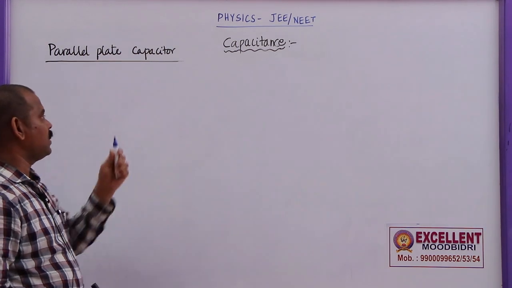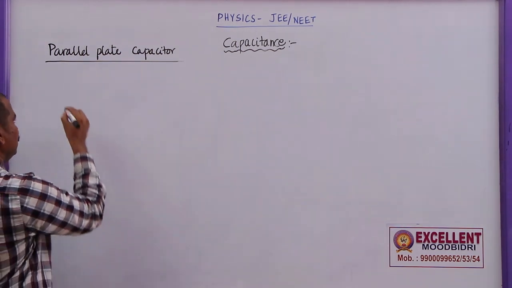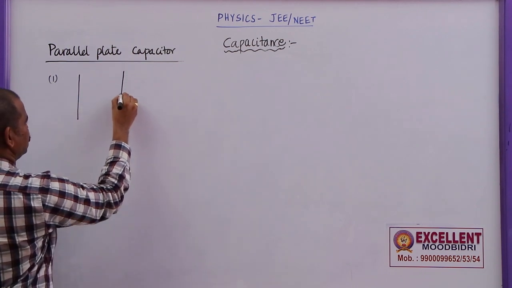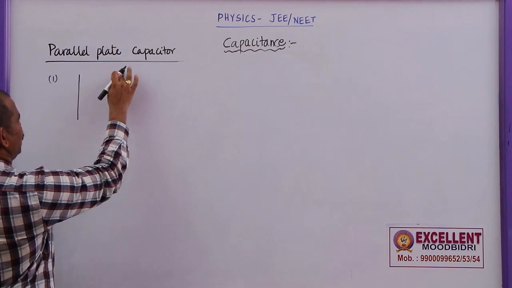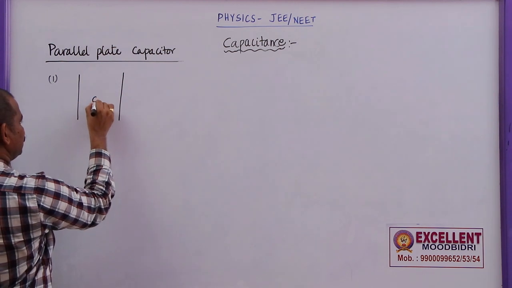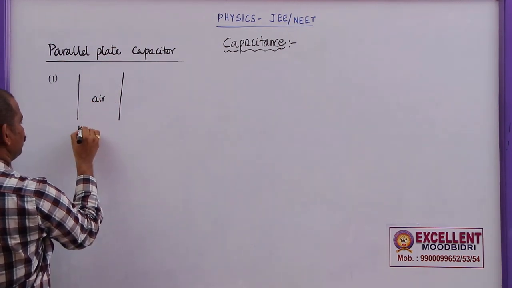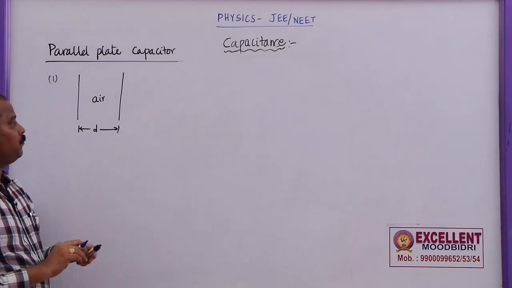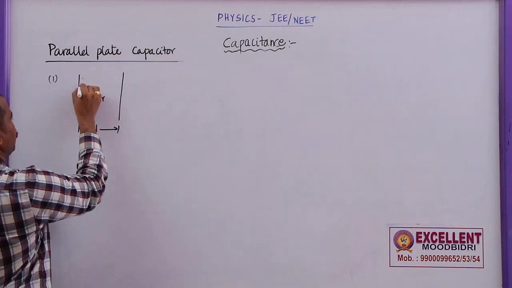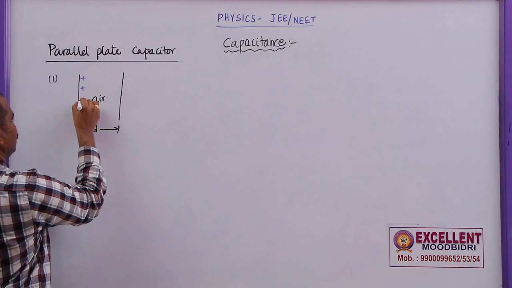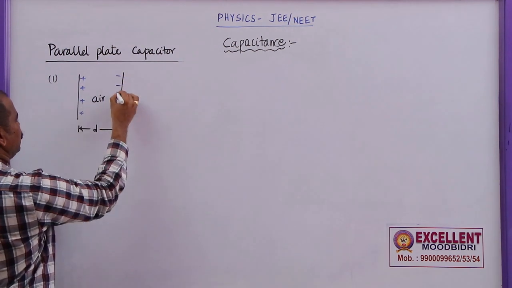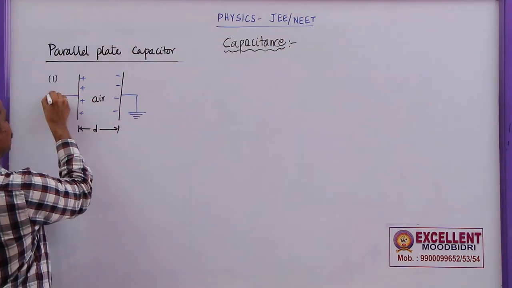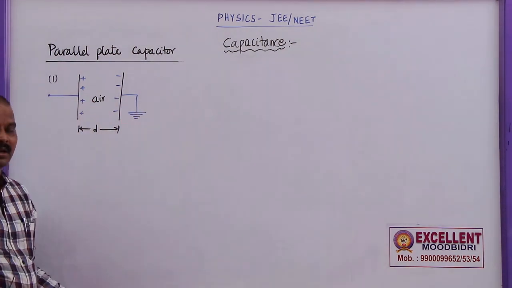In a parallel plate capacitor, we have different cases. Case 1: this is the first plate, this is the second plate, and the distance between these two is a small d, and the entire space between these two plates is completely filled with air. This is the positive charge on the first plate, this is the negative charge on the second plate, the outer surface is earthed here, and this is connected to a battery.